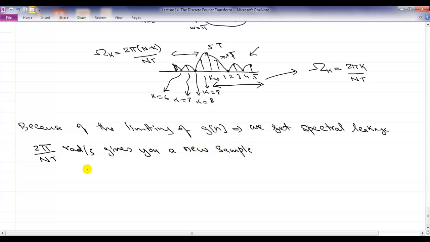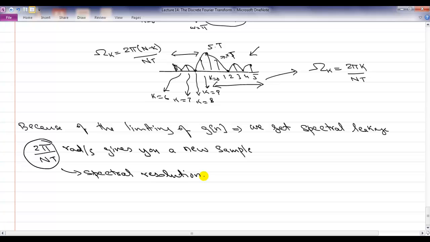Okay. So this 2 pi over NT in the world of spectral analysis is called spectral resolution. It means the gap between two samples of your continuous time Fourier transform. And if you have things that are happening at a very fine frequency scale, then you want the spectral resolution to be really a small number.